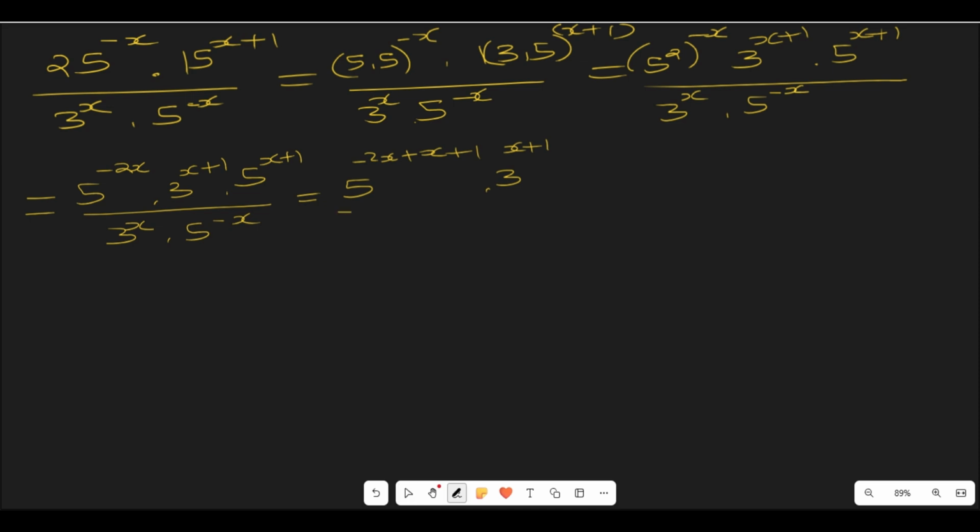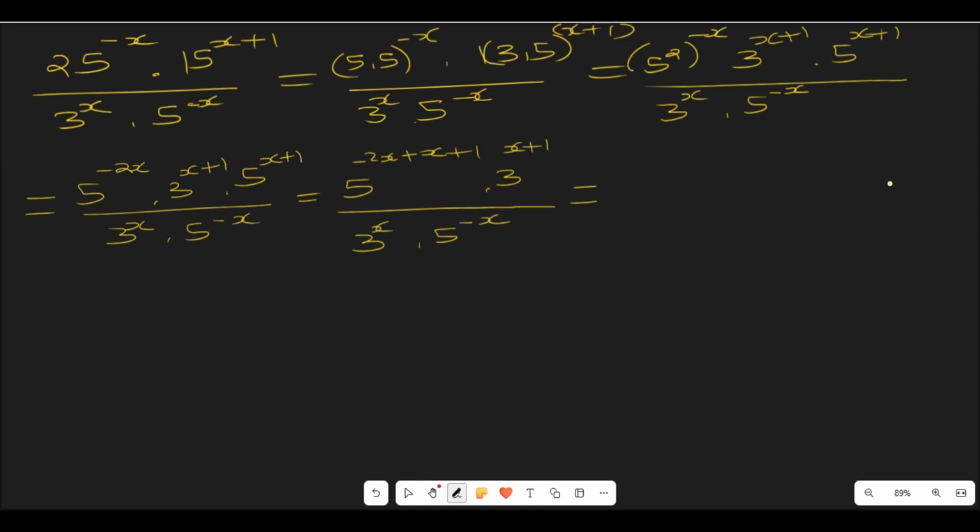So it won't be hard to see that this will be divided by 3 to the power x multiplied by 5 to the power negative x.